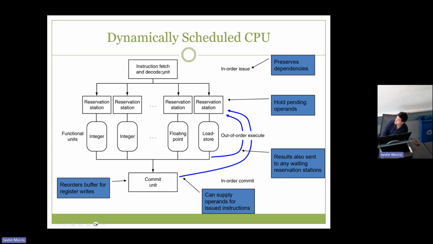So here, we're going to fetch a whole bunch of instructions. They're going to go into this buffer. They can then be executed in whatever order, as long as we maintain correctness, right? So if we can find independent instructions, they can go earlier than they are scheduled for.